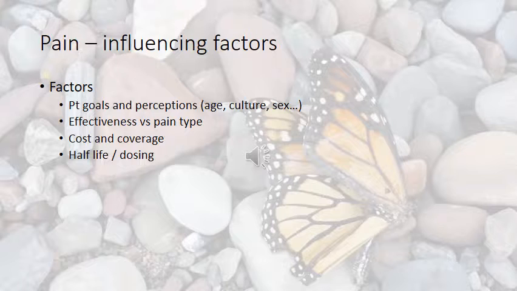You have the ability to have a greater or lesser effect on pain depending on what type of pain it is. So again, it's very important to have a good rapport with your patient and their family members so that you can know exactly what's going on. Certain medications cover different kinds of pain. That's one type of coverage that we're talking about.